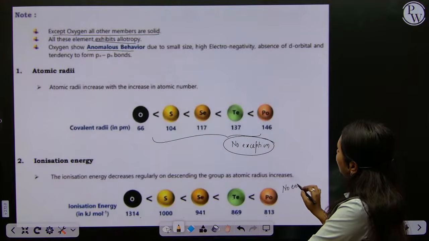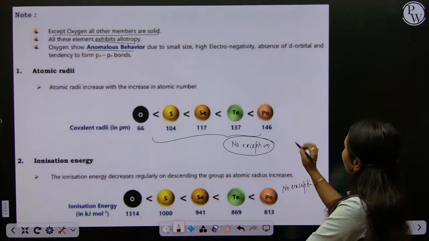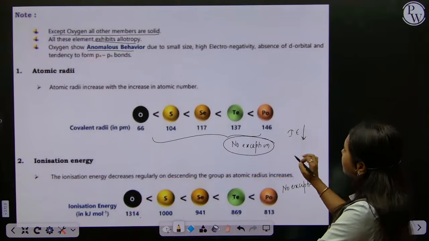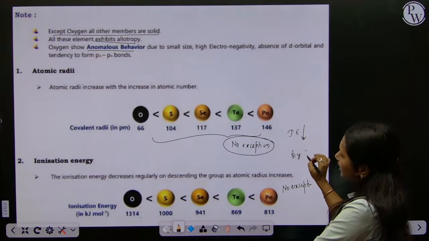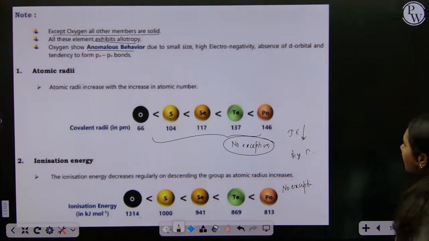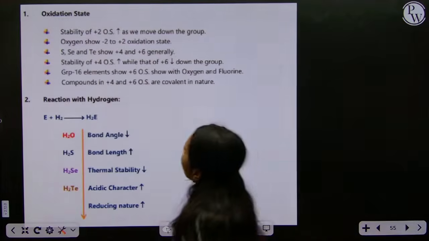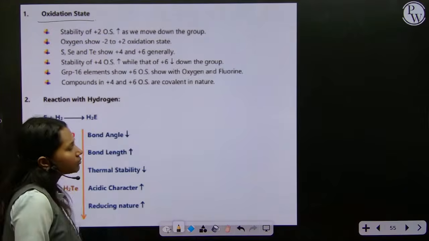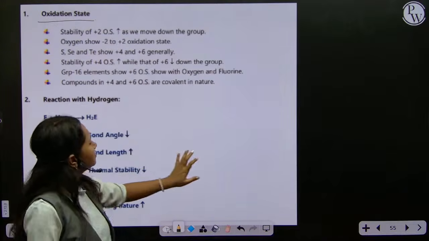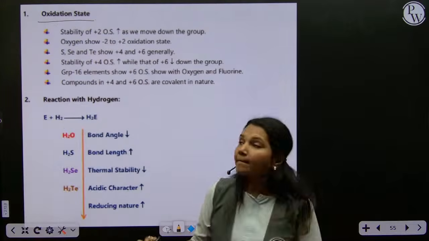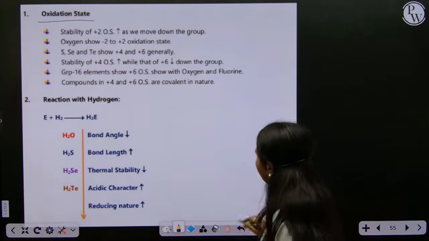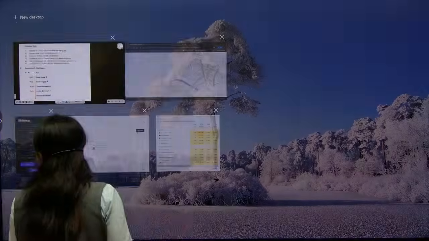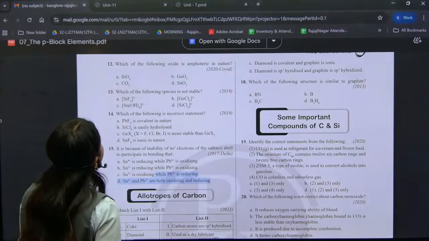Again here, no exception. When we go down the group, ionization energy decreases and size increases. Okay. Oxidation state. Okay, we will do this. Okay, let's solve this question here.